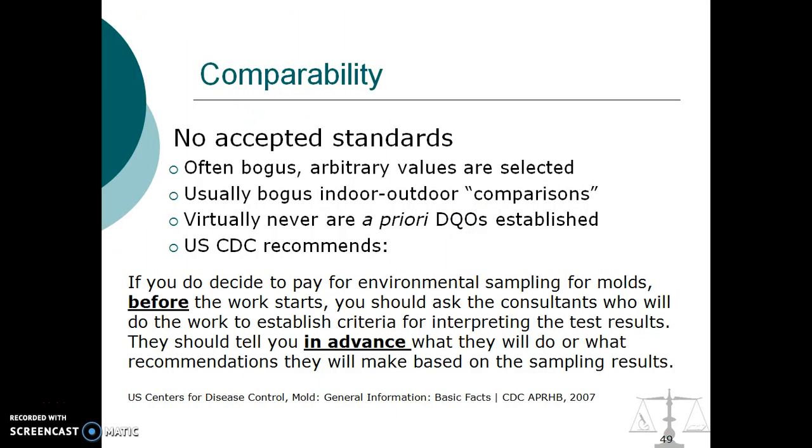When we look at our PARCC parameters, precision, accuracy, representativeness, comparability, and completeness, those are known as the PARCC parameters, we get into comparability. So when we're comparing two data, it would be as if you contacted your friend who's watching the game, and you know that the Broncos are playing the Raiders, and you said to your friend, well, what is the score? And your friend says, it's 21.